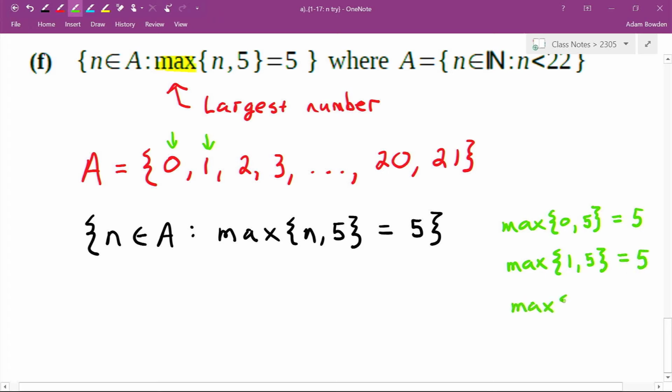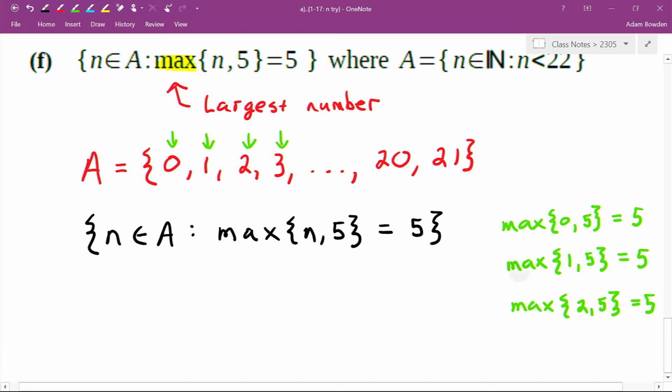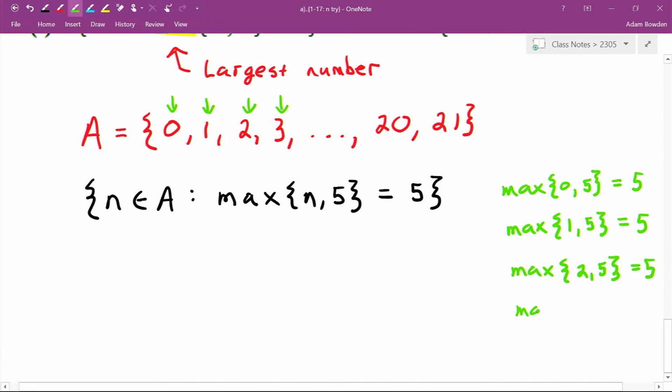The next number in set A would be 2. The max of 2 and 5 is still equal to 5. The next number in our set A is 3. So the maximum of 3 and 5 is still equal to 5. Set A continues to count up from 3 to 4. So the next one would be the maximum of 4 and 5.